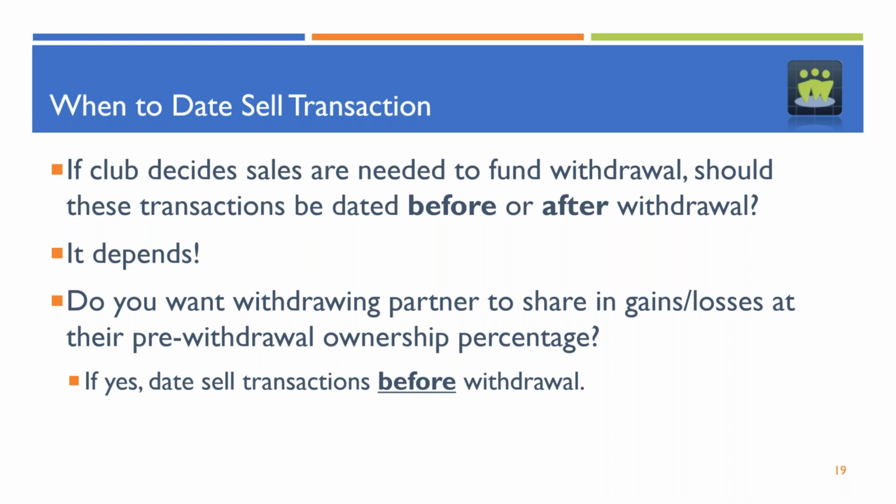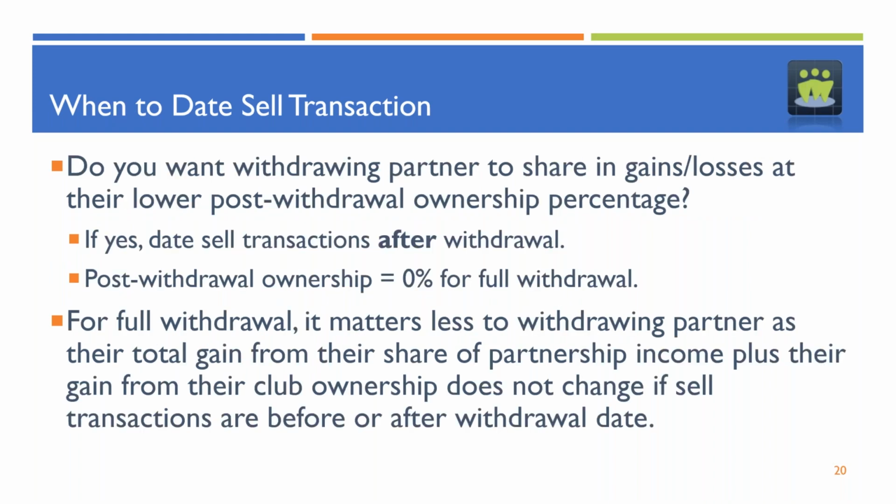The withdrawing member will not participate at their pre-withdrawal ownership in any sale transaction dated after their withdrawal. So if you want them to share at their higher ownership percentage, date it before the withdrawal. Now, do you want the partner to share in the gains or loss at their lower post-withdrawal ownership percentage?